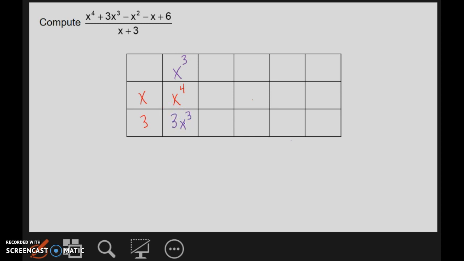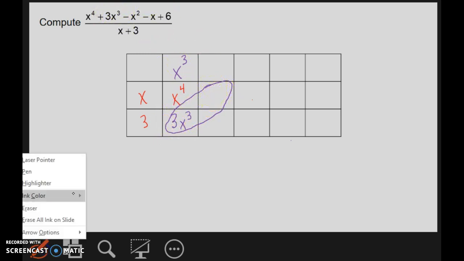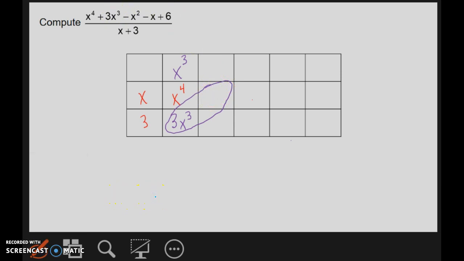Our diagonals are like terms. So for x to the third, I want these two things to add up to equal what's in the numerator here. So if I take 3x to the third plus something, and I get 3x to the third, what we actually are going to have for that something is a 0.